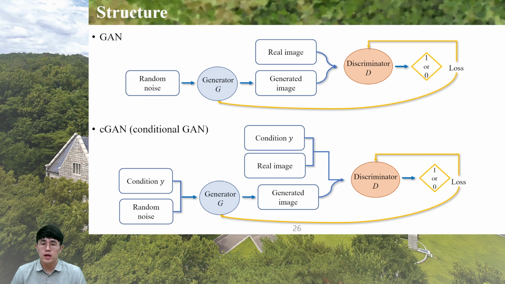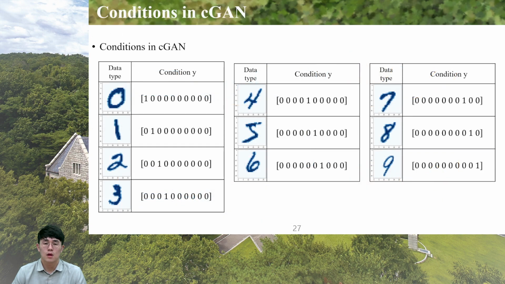The condition Y has been added to the GAN structure, as seen in the structure of cGAN. This enables the generator to train each label's input data and generate data for the desired label. Condition Y denotes the data type for each class, such as the label or integer data.